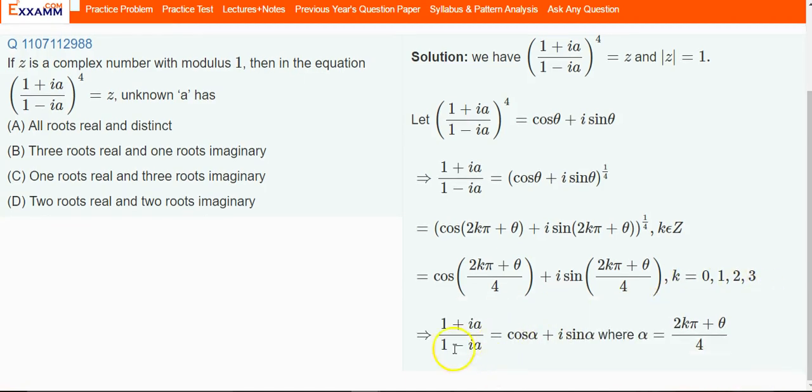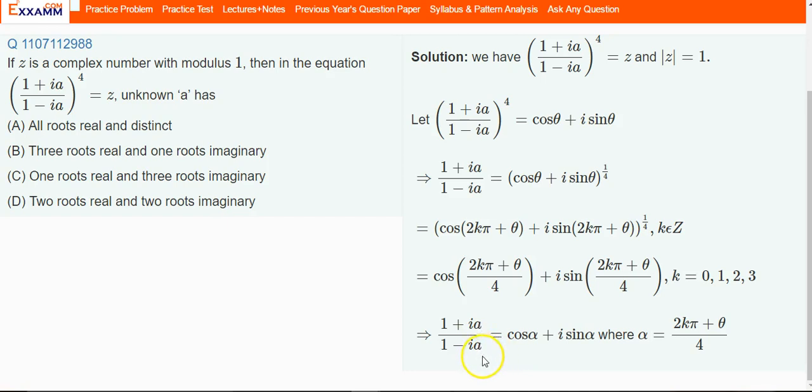So what would it mean? If we take (2k pi plus theta) divided by 4 to be alpha, then what do we get? 1 plus ia divided by 1 minus ia is equal to cos alpha plus i sin alpha. Now this is begging that we apply componendo and dividendo.